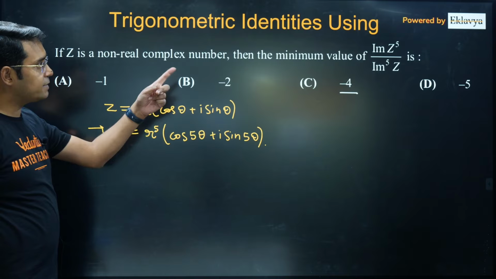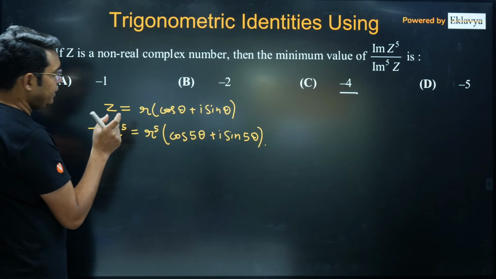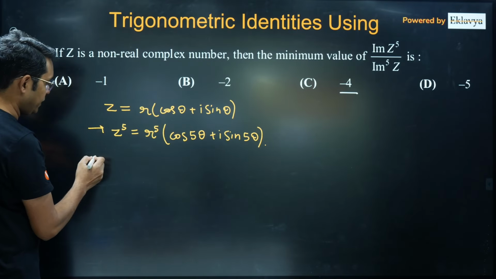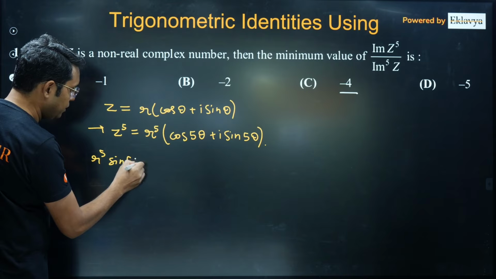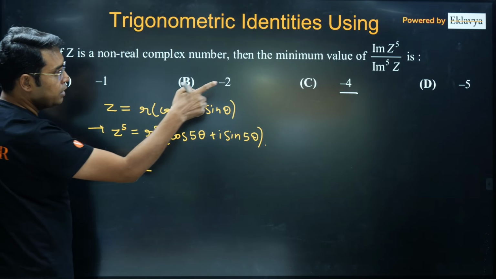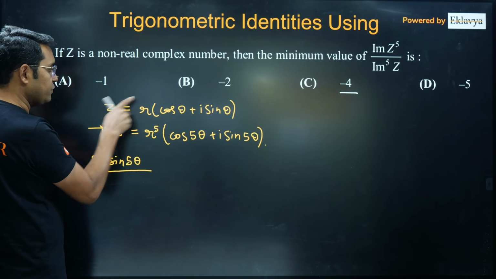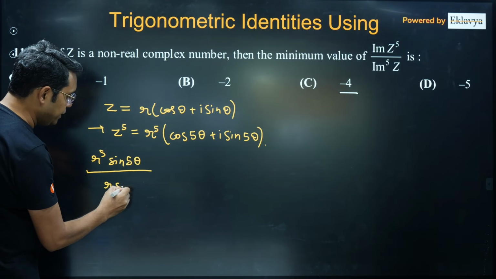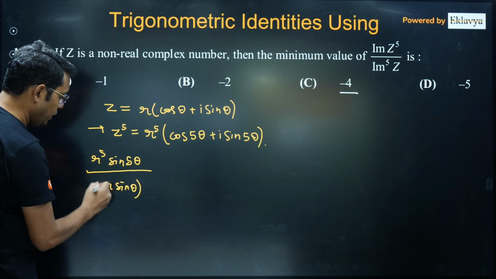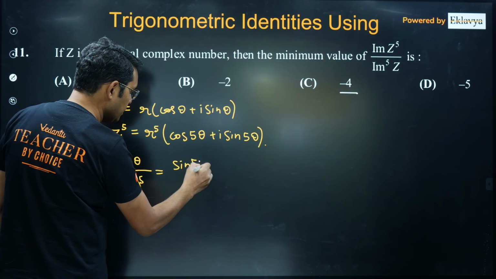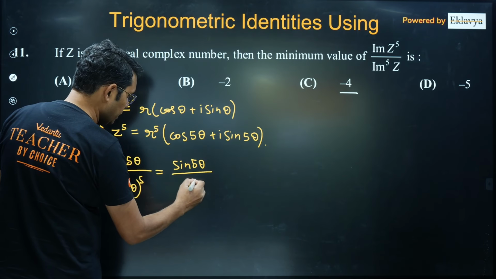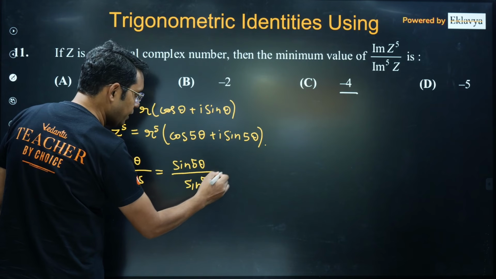Okay, now what are they asking? They are asking the imaginary part of Z power 5, which is actually R power 5 sin 5 theta, upon the fifth power of the imaginary part of Z, which is R sin theta, so R sin theta whole power 5. So this will become sin 5 theta upon sin raised to the power 5 theta.